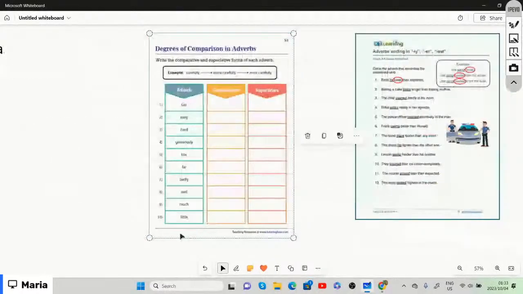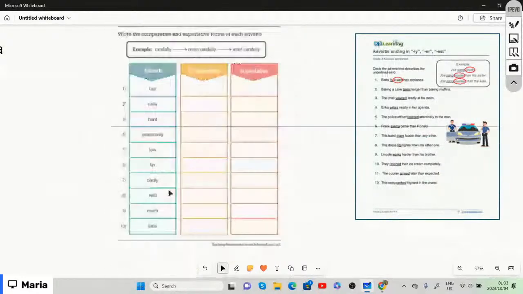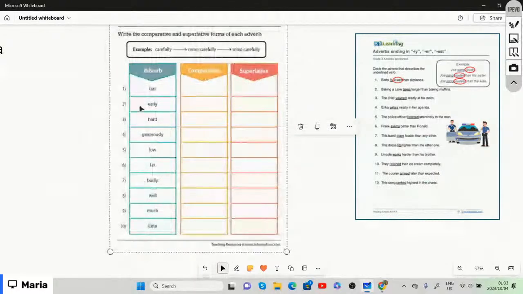If we look at the degrees of comparison in adverbs, there we have our base adverb. We are going to write down the comparative form as well as the superlative form of each of these adverbs. We'll start with fast.